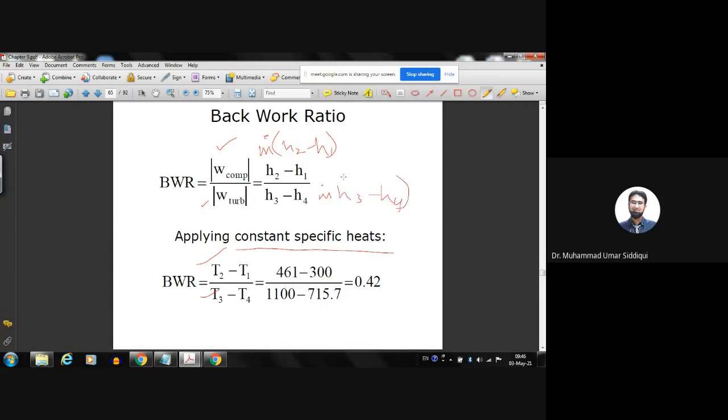Since it is constant specific heat, we can write m dot Cp (T2 minus T1) and m dot Cp (T3 minus T4). But here m dot will cancel and Cp will cancel. We are just going to have the ratio of the temperatures with us.